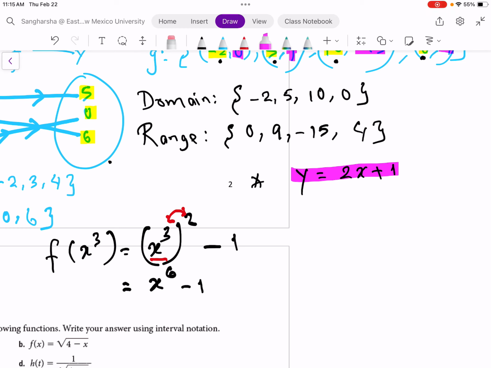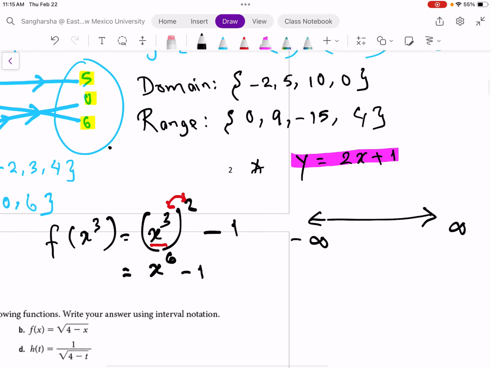Now we have the real numbers, from negative infinity to positive infinity. From this set of numbers we need to find our input.